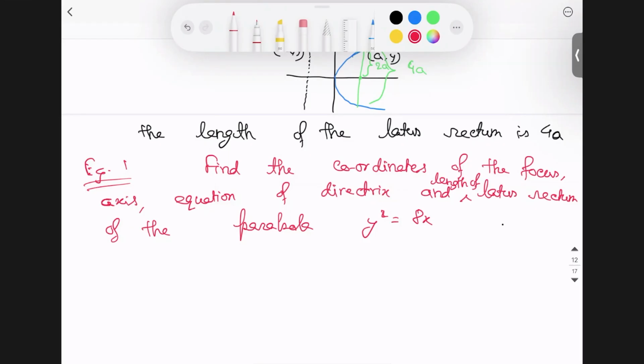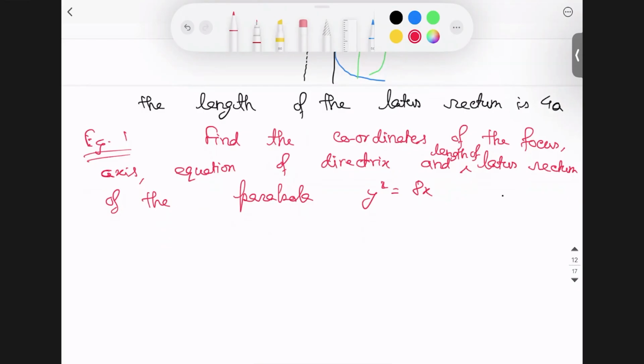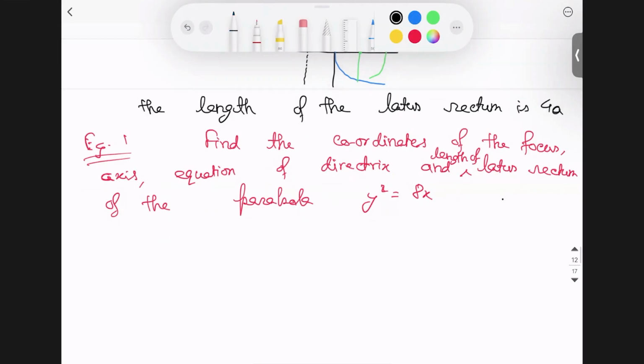First, just notice that the sign denotes the form the parabola will take.